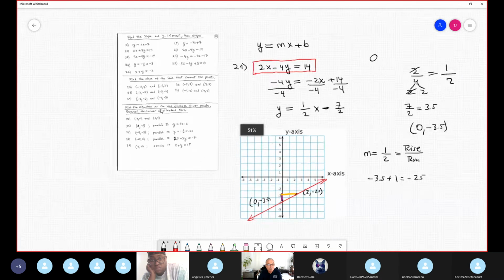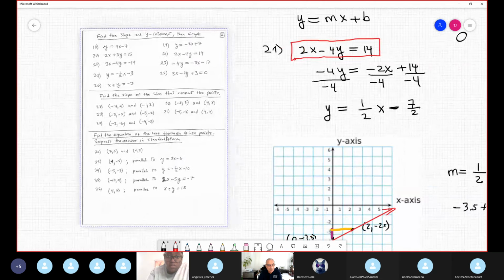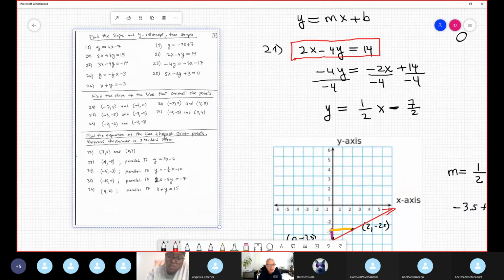Everyone follow me? I want to skip 22 and 23 because it's the same thing. Oh no, 23 no. 23 is a little bit, well no, it's the same. Well no, let's do 23. 22 is the same, a repetition.